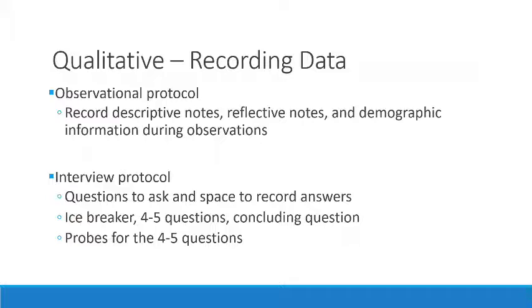There should be an icebreaker, something to help put the interviewee at ease, several general questions, some probing questions, and concluding questions. An interview structure or protocol can leave room for the participant to provide additional information beyond the structured questions, but a general protocol should exist.